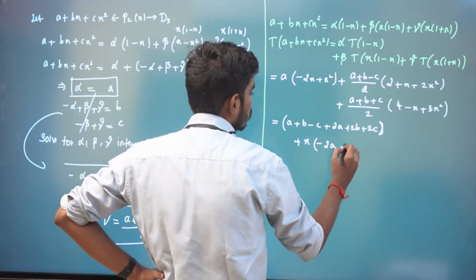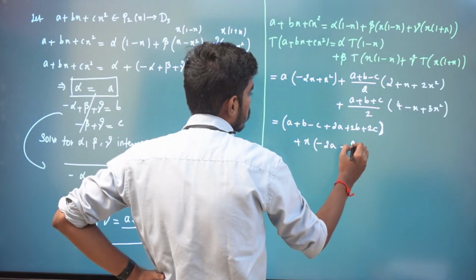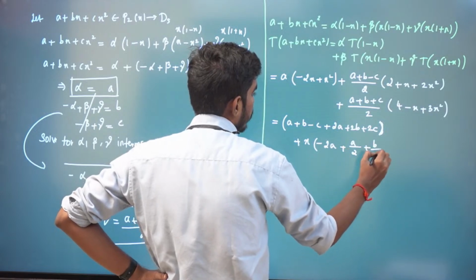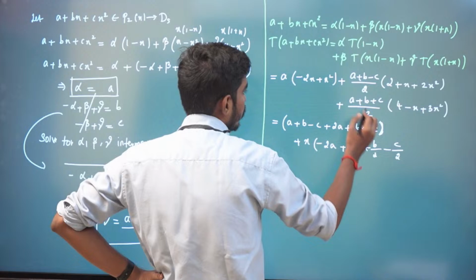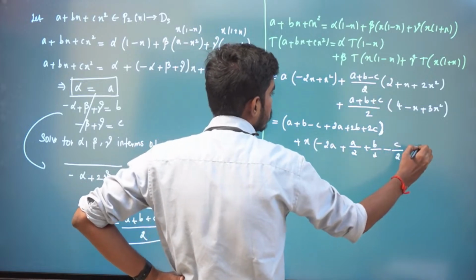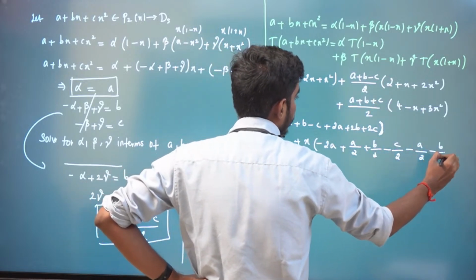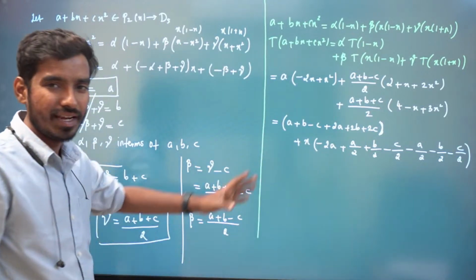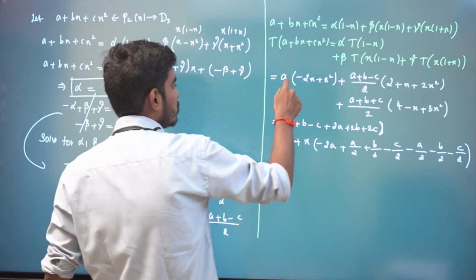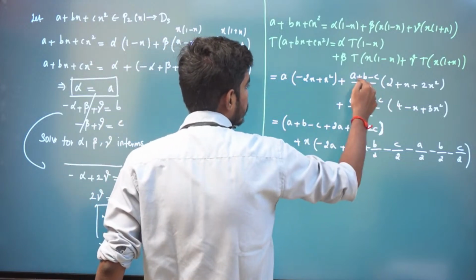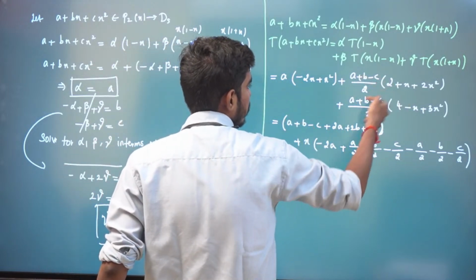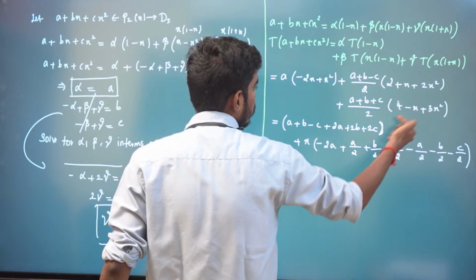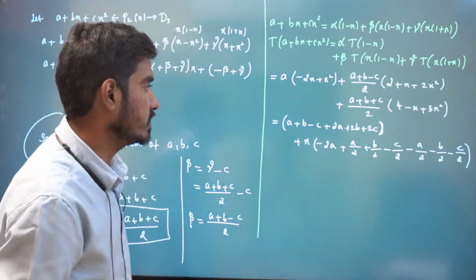Here the x term is a by 2 plus b by 2 minus c by 2, and here the x term is minus a by 2 minus b by 2 minus c by 2. I'm just collecting all the x terms, that's it. Like terms, minus 2a. Here the x coefficient is (a plus b minus c) all divided by 2. Here the x coefficient is minus a by 2 minus b by 2 minus c by 2.